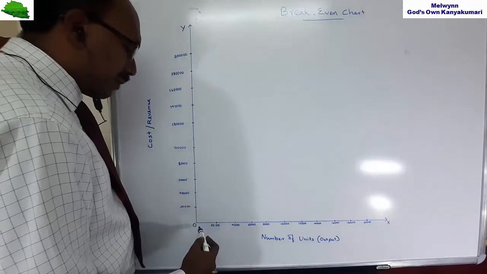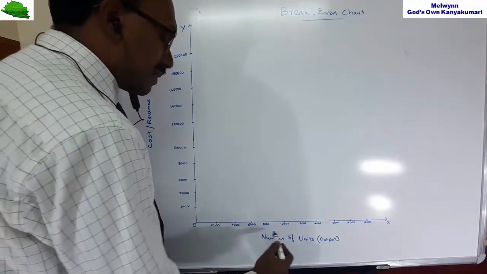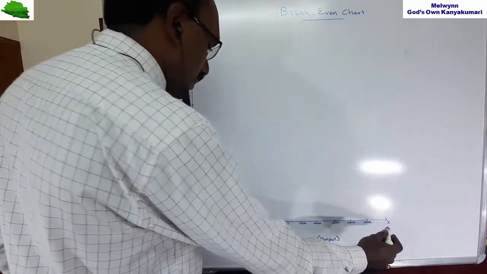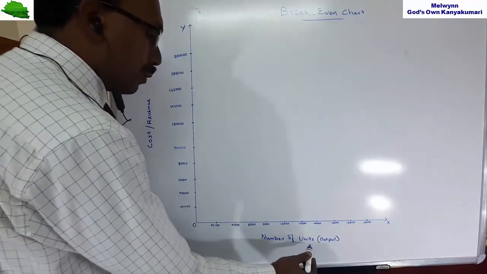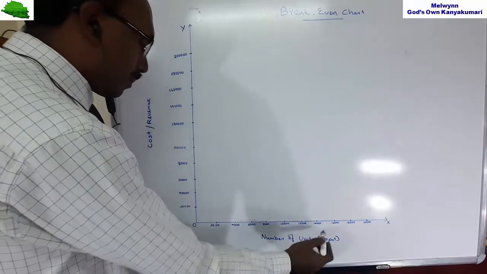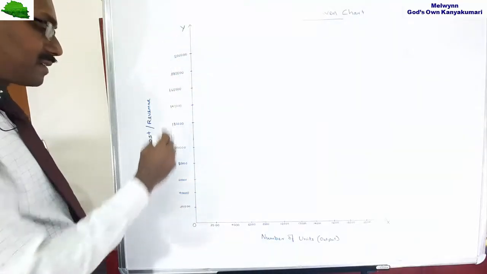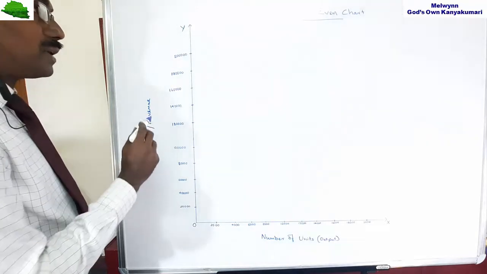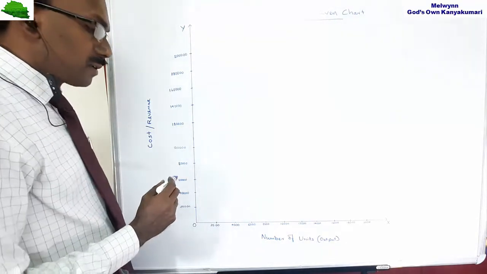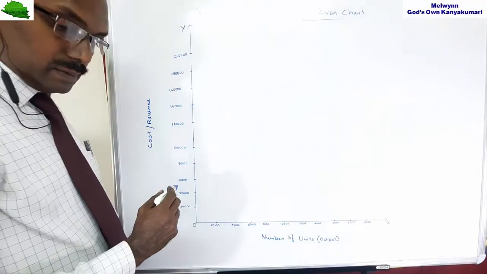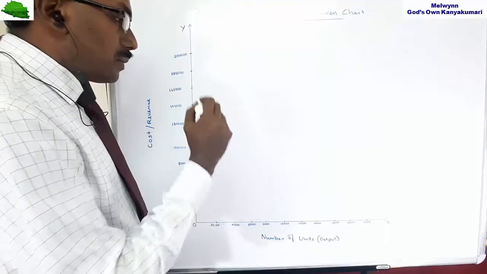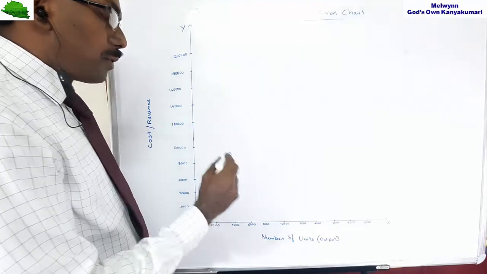In this break-even chart, this horizontal line is x-axis, that is number of units output given here. In this y-axis, vertical line, cost and revenue data given. Okay, now based on the table values, we are going to find out the break-even point.